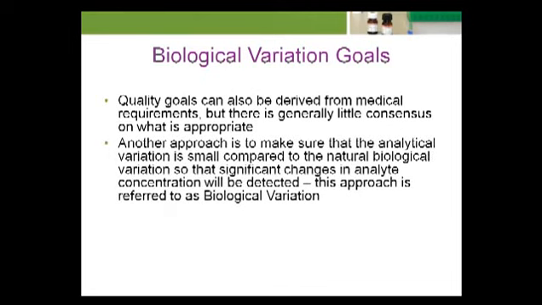A more scientifically sound approach is to derive quality specifications from medical requirements. However, there's no universal agreement on what the medical requirements are. Biological variation is an approach that uses the within-person variation and between-people variation of the analyte in question to derive the maximum amount of analytical error that can be tolerated without adversely affecting the value.